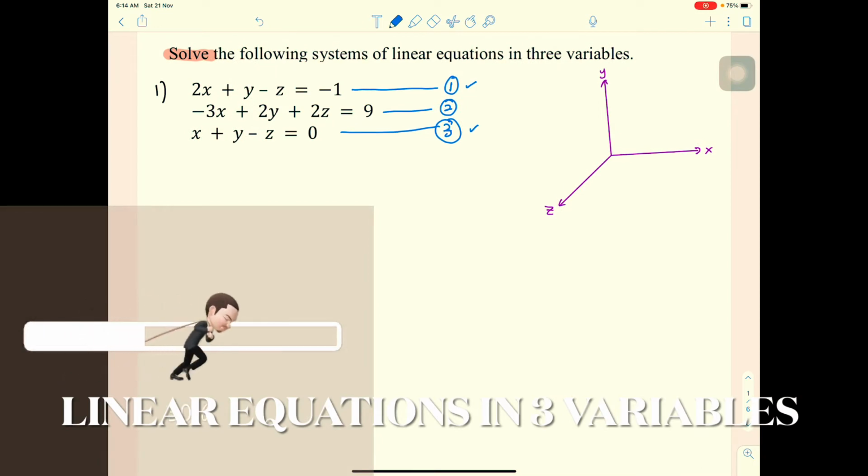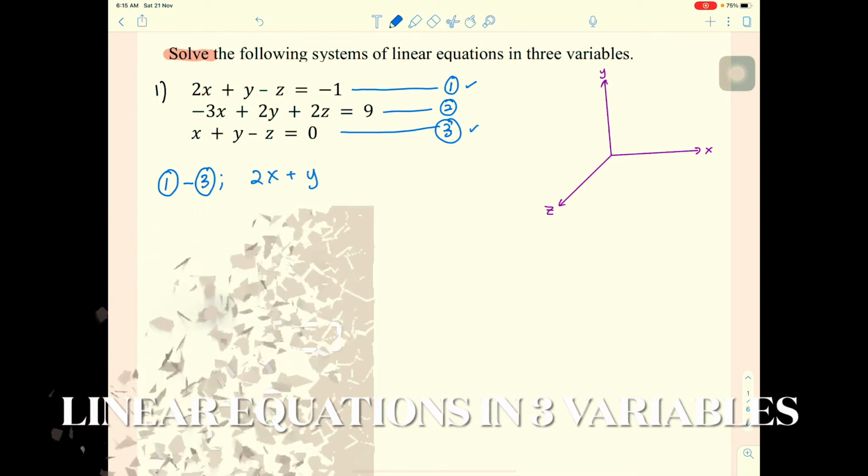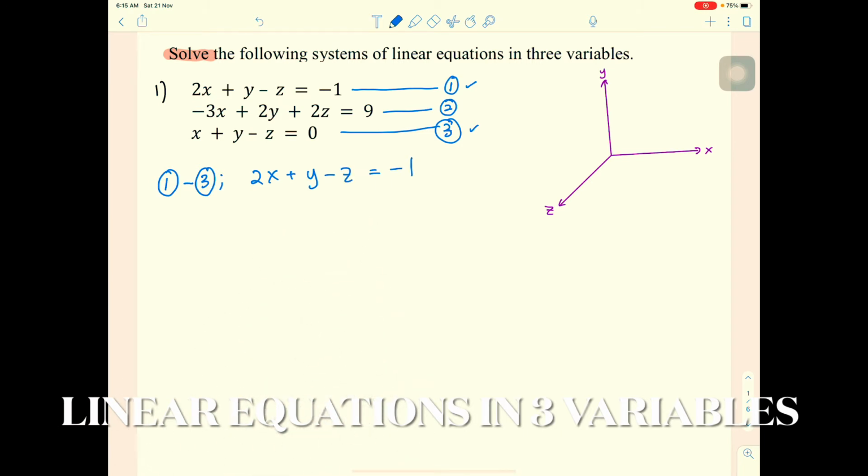For example, equation 1 minus equation 3. Equation 1 is 2x plus y minus z equals -1, and equation 3 is x plus y minus z equals 0.